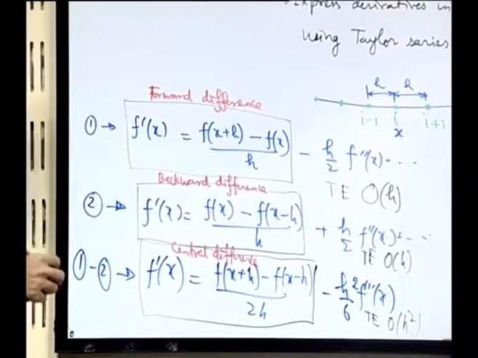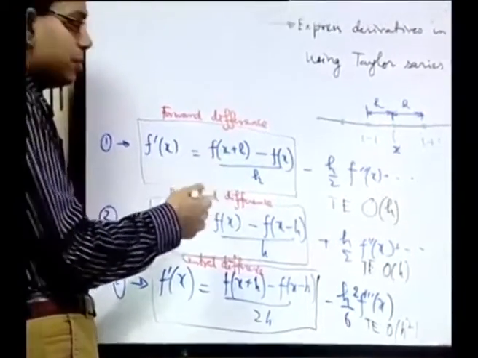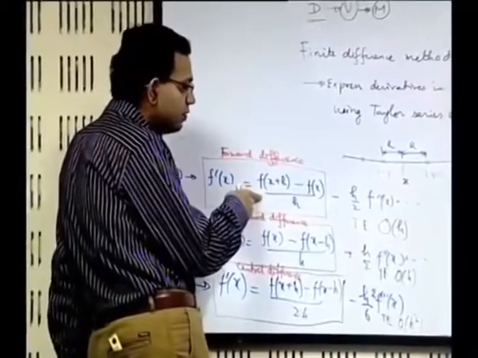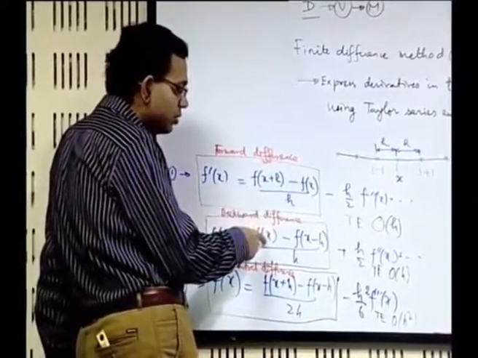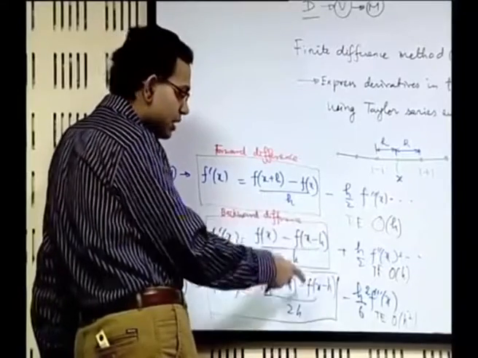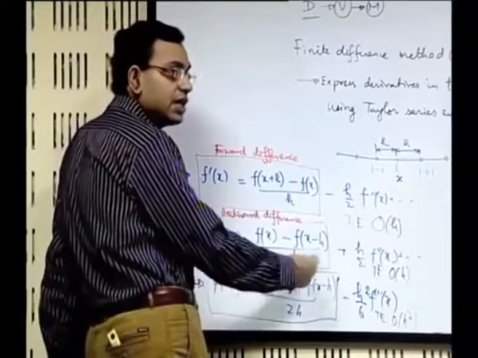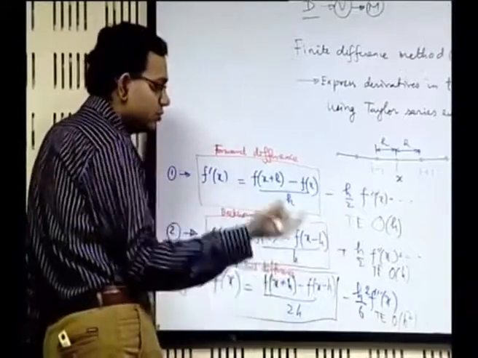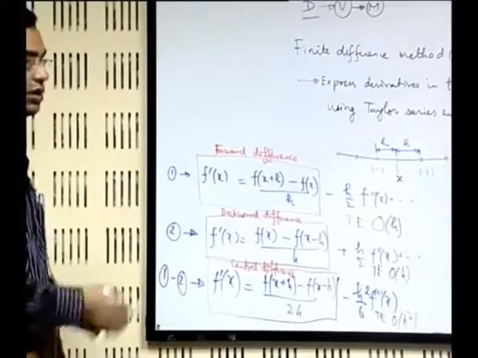These names are quite clear. Forward difference is as if you are going forward from x to x plus h, backward is as if you are going backward from x to x minus h, and central means x is central to x plus h and x minus h, it is the midway. So, the names match the corresponding implications.